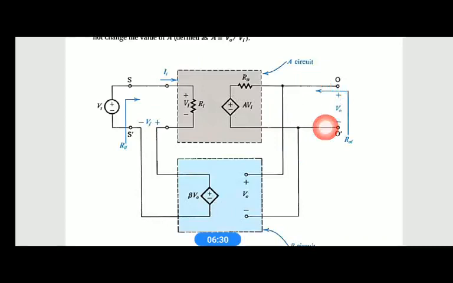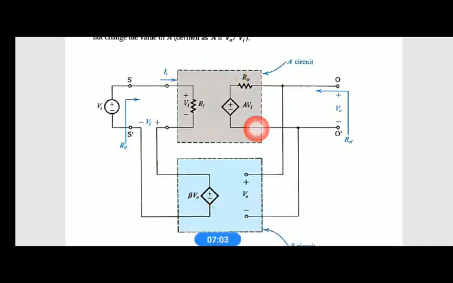Since it is a voltage amplifier, we apply a voltage at the input and get a voltage at the output. So the gain for the open loop amplifier, A, is equal to V0 divided by Vi.